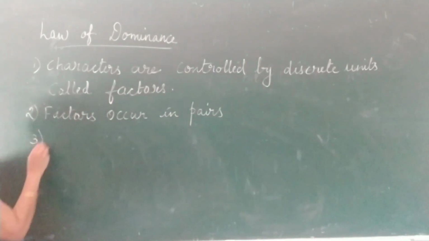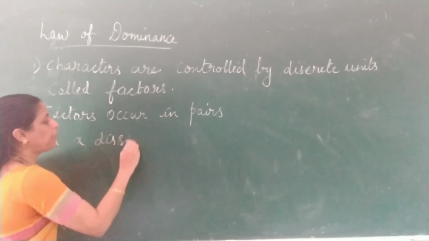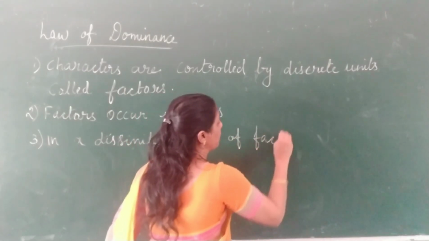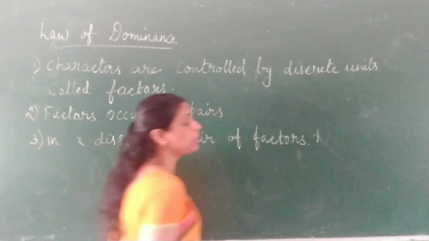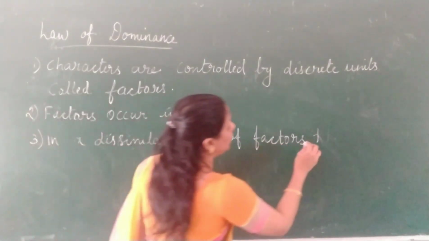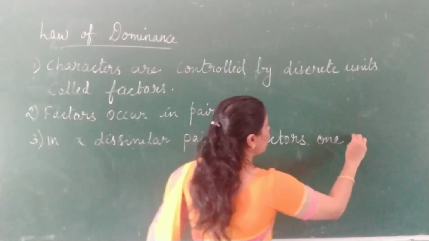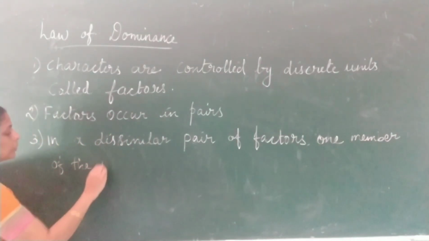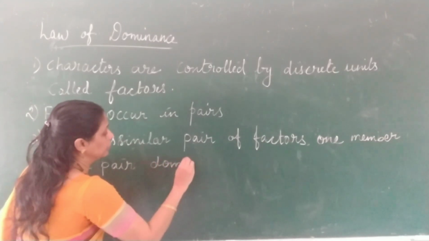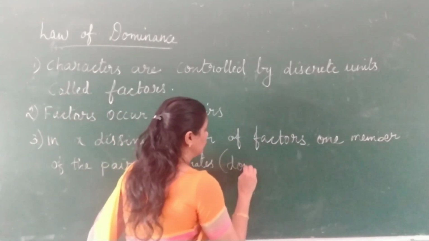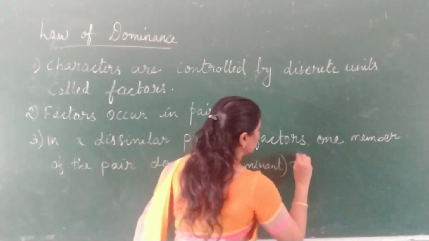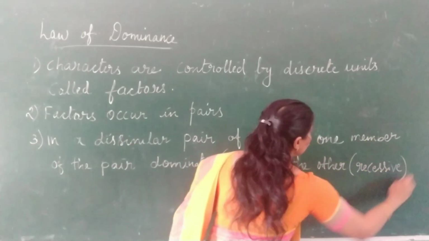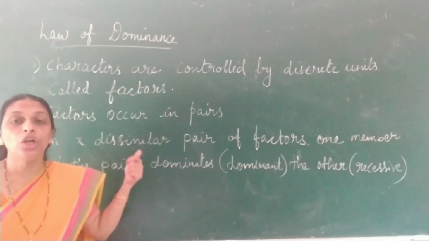And the third point, in a dissimilar pair of factors, one member of the pair dominates the other. These are the three important points of law of dominance.